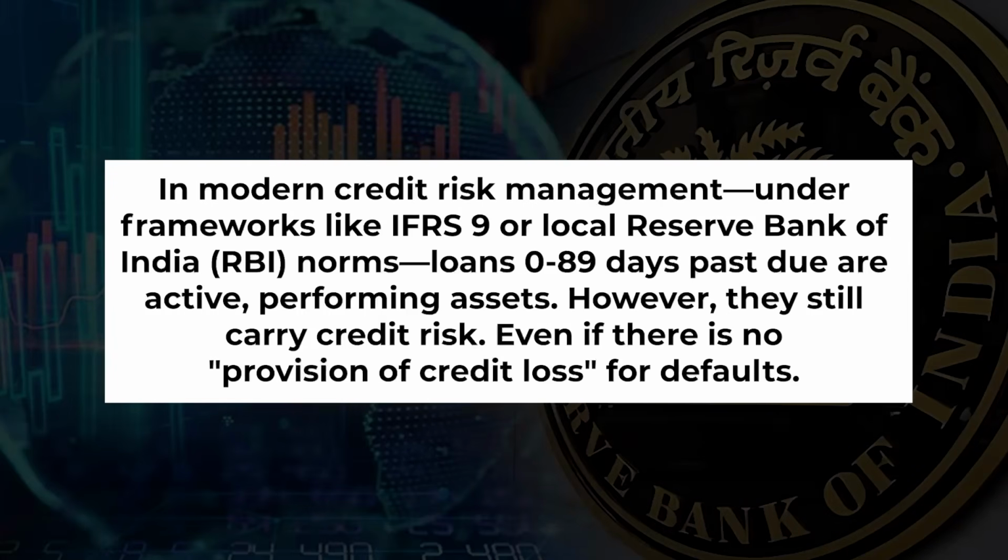Now, the expected credit loss framework works on a method where banks will be running into a credit risk between 0 to 89 days, because between 0 and 89 days there is no provision for the expected credit loss while the loan account conducts itself.